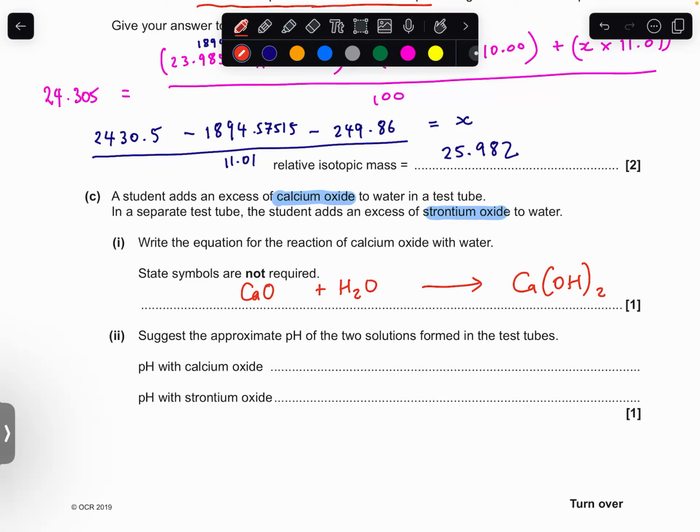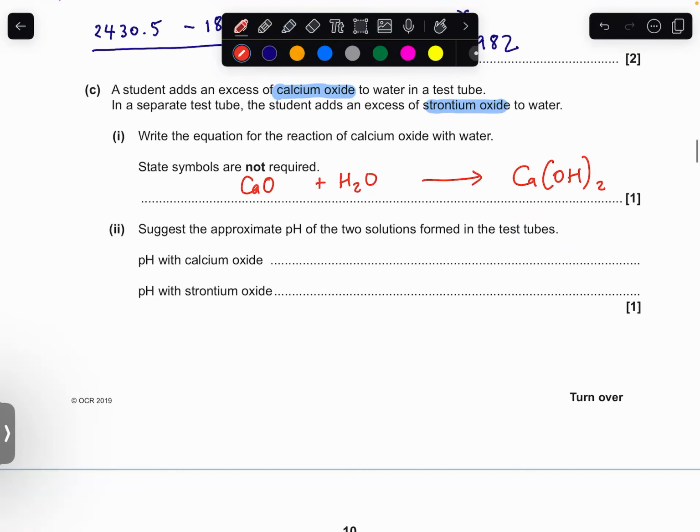Suggest the pH of the two solutions. Now, the thing is, it's approximate. So really, both of them have to be greater than 7. Why? Because it forms an alkaline solution.